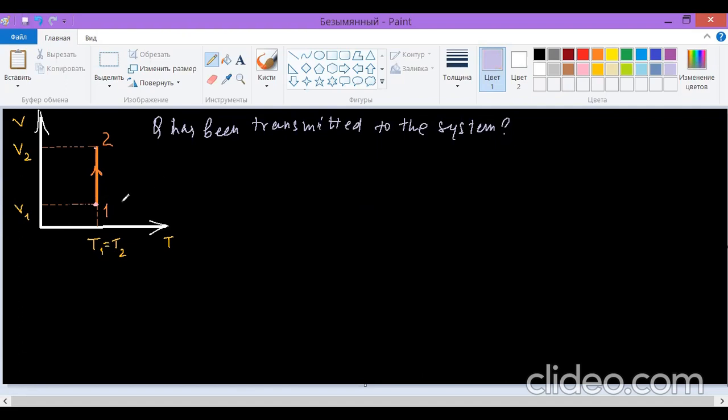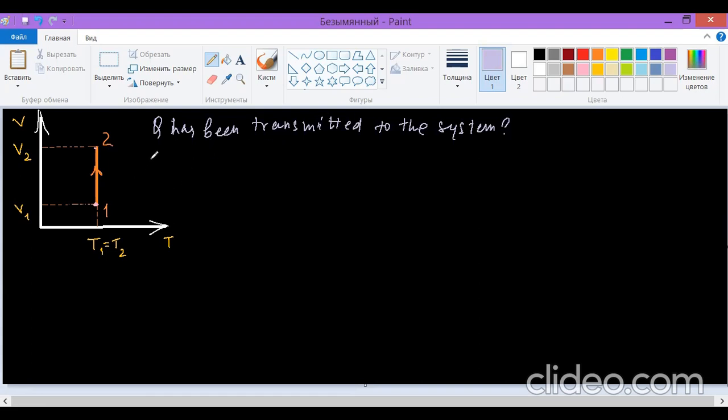Now, what should we start from? Let's start from the fact that we are considering a thermodynamical process, which means that we can apply the mathematics of thermodynamics, in particular the part referred to as the first law of thermodynamics.